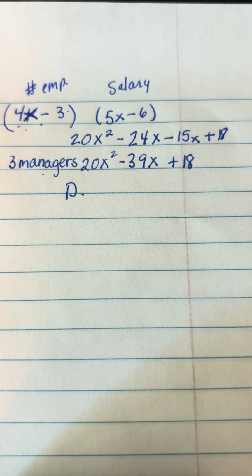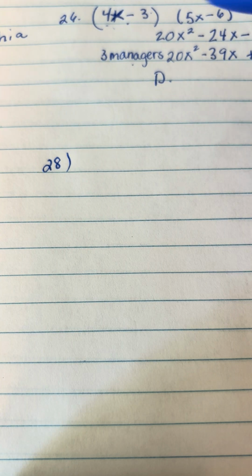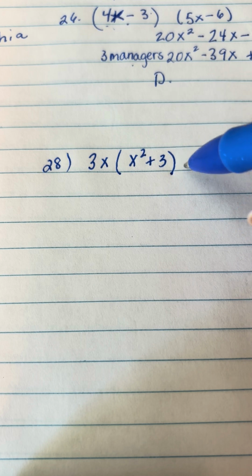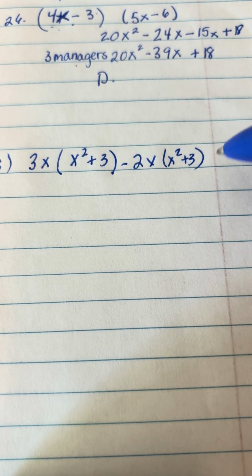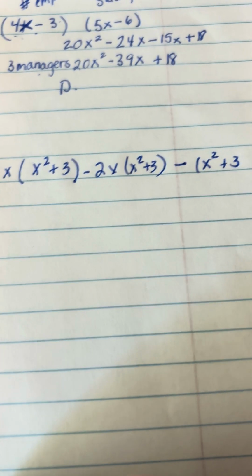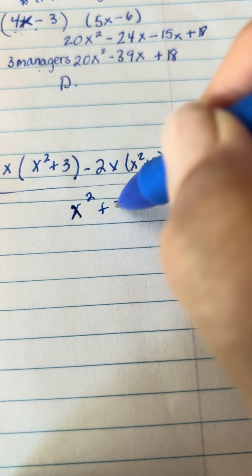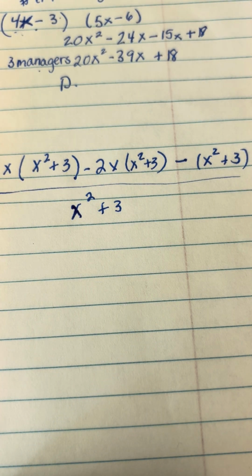28 was simplifying a big, nasty fraction. Okay, so we had 3x times x squared plus 3 minus 2x times x squared plus 3 minus x squared plus 3, all over x squared plus 3. So what we're going to do is we're going to cancel things.